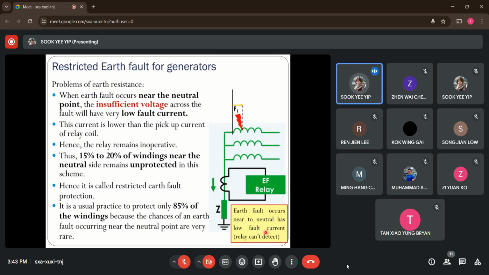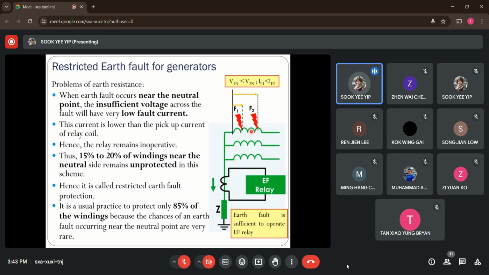The fault that occurs near the neutral point doesn't trip; the relay can't detect it. So what if I change the fault position further away, towards the end of the stator winding, labeled F2? This time the phase voltage is much bigger. Here the voltage V2N is bigger than the voltage due to the first fault near the neutral point.